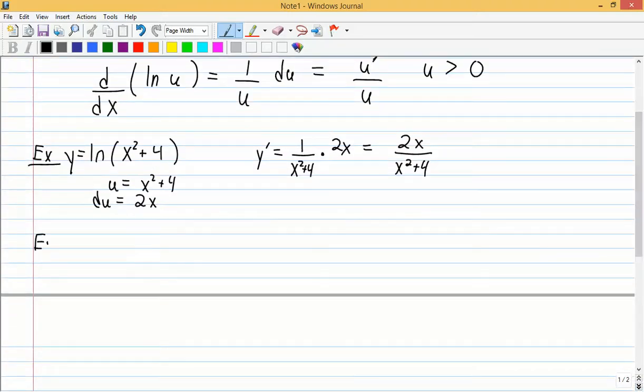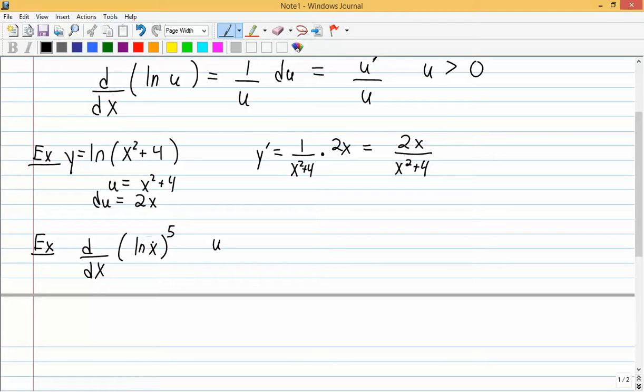Okay, let's look at one more example real quick. Let's say that I wanted to take the derivative of the natural log of x raised to the 5th power. Alright, so my u is going to be whatever I am raising to a power.